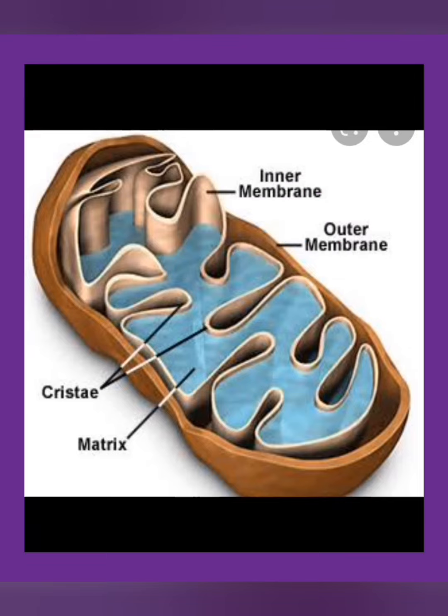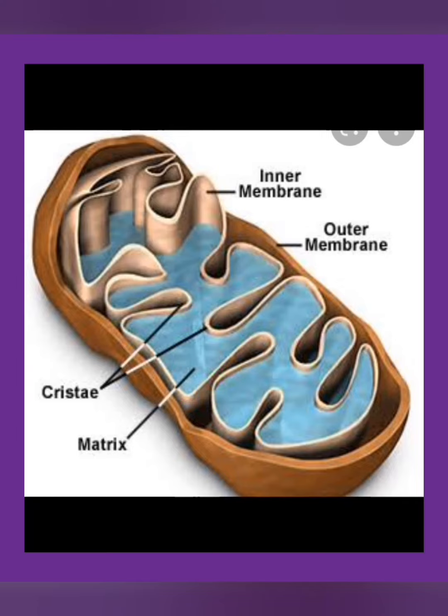Okay, there are two membranes you can find, outer membrane and inner membrane, like this. And there are finger like projections in the inner membrane. You can find them here, projections, foldings.